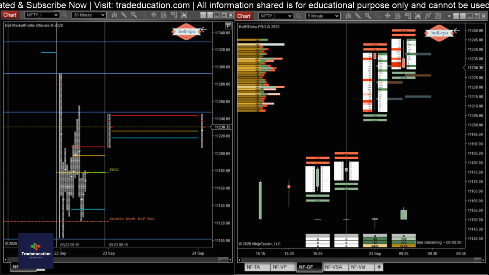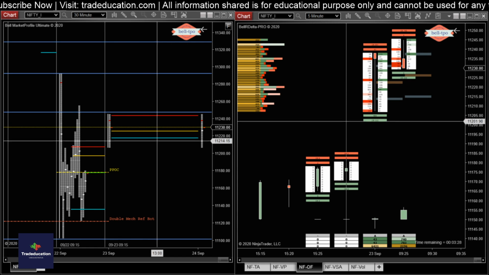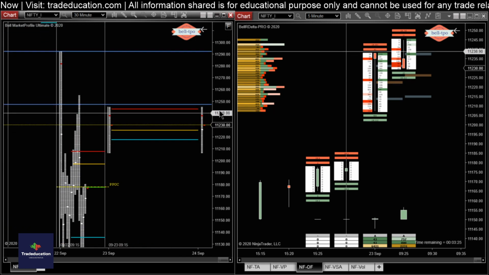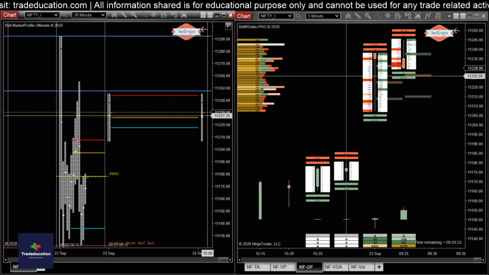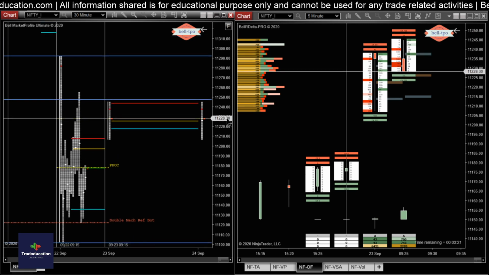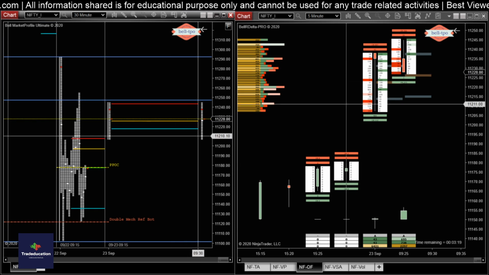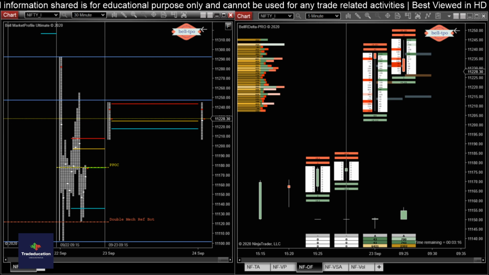So no trade location for the moment. I'm not looking. I'm just observing the auction. I'm trying to feel the pulse, analyze the psychology of who is selling here, who is buying here.